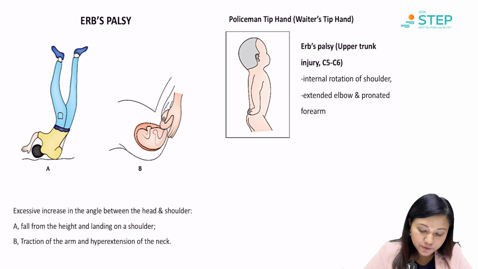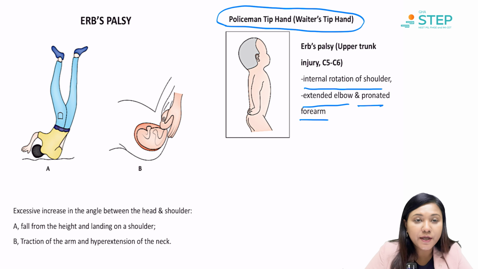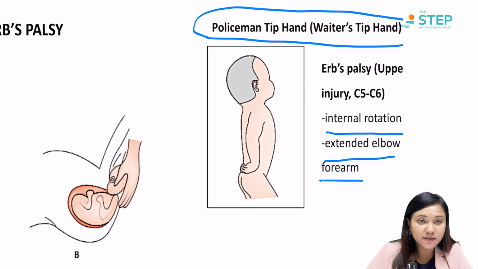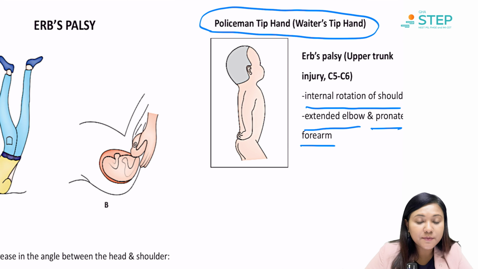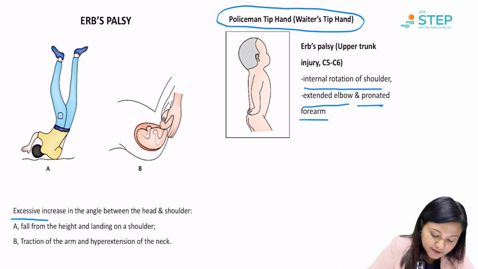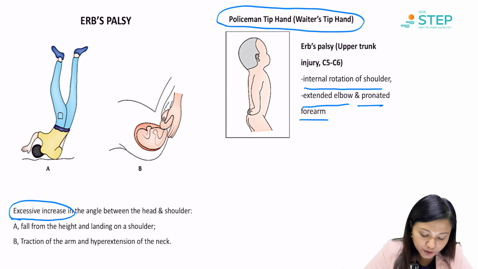Now, in Erb's palsy, you can see internal rotation of the shoulder, extended elbow, and pronated forearm. This is known as your policeman's tip hand or waiter's tip hand. It looks like a policeman is asking for a tip, or a waiter is asking for a tip. So what happens in Erb's palsy? There is an excessive increase in the angle between the head and the shoulder.